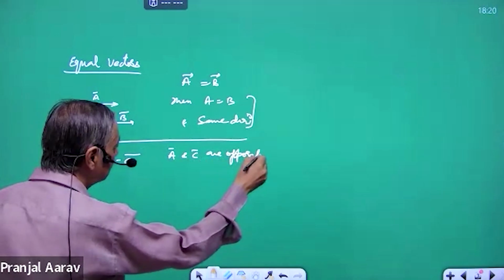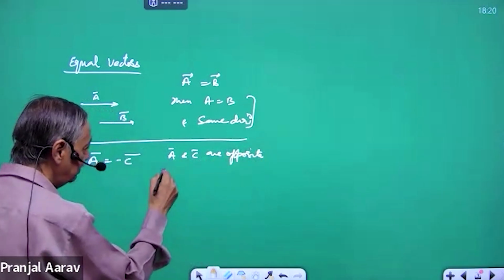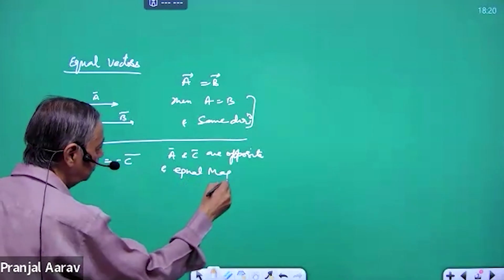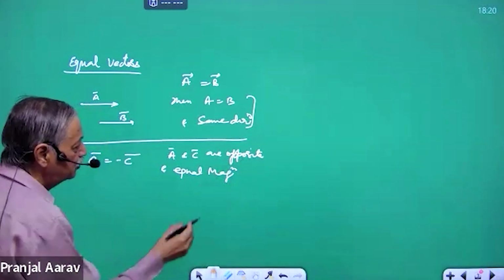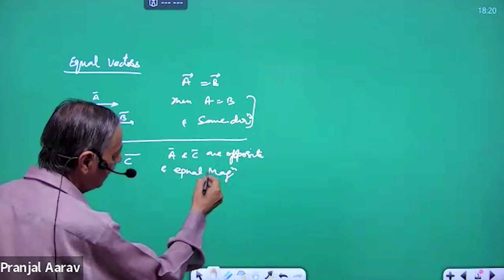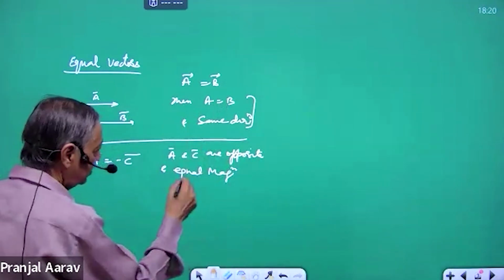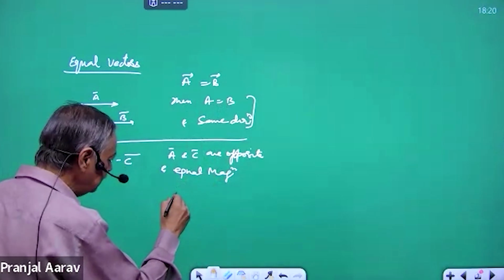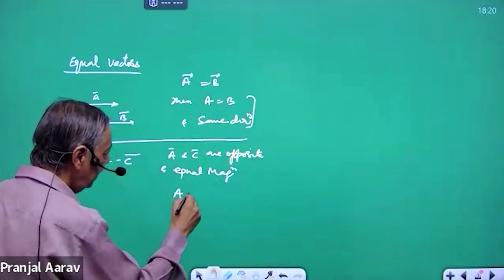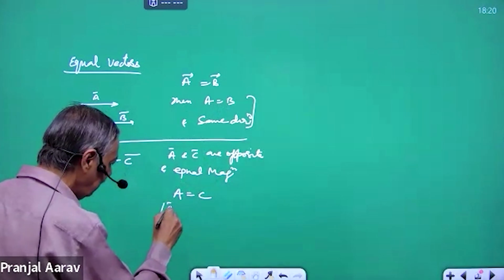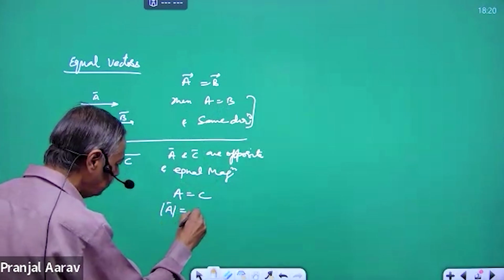A and C are opposite and equal magnitude. Magnitude in short, I will be writing like this: M, A, G, N. Equal magnitude means A is equal to C, or you can write mod of A vector is equal to mod of C vector.